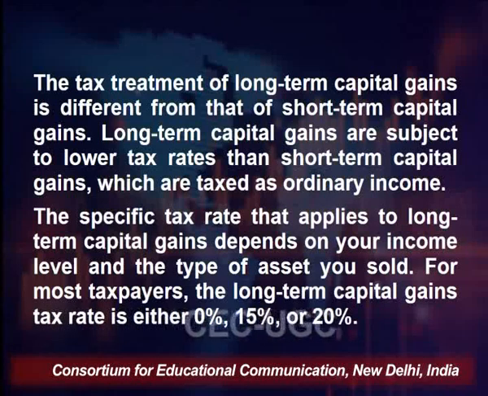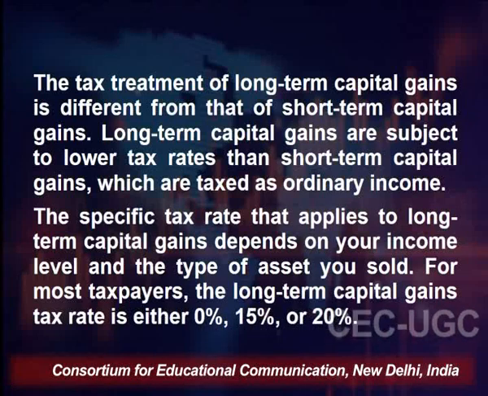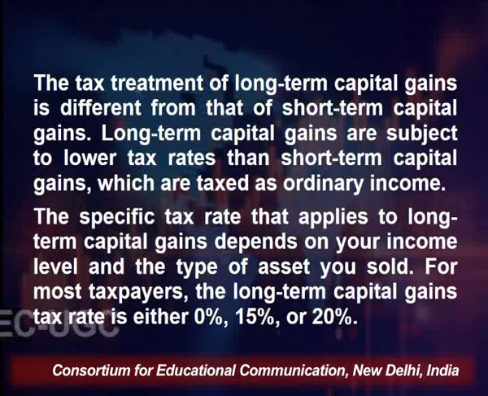For most taxpayers, the long-term capital gains rate is either 0%, 15% or 20%. It's important to note that the tax rate on the long-term capital gains is not determined by the total amount of the gain, but by the taxpayer's income levels.